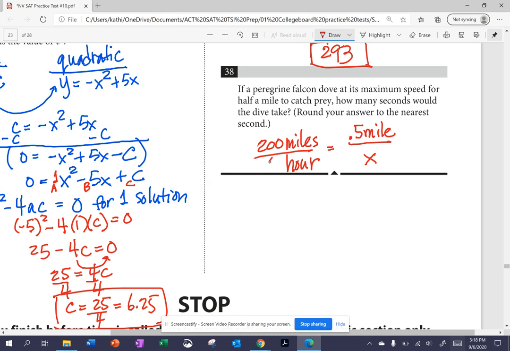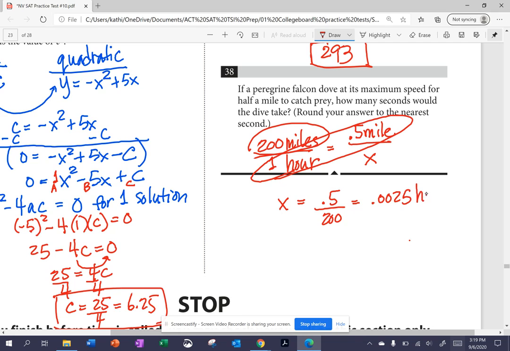So solving for x, I would be multiplying these and dividing by this. So x is 0.5 divided by 200, which is 0.0025 hours. And it's asking in seconds.